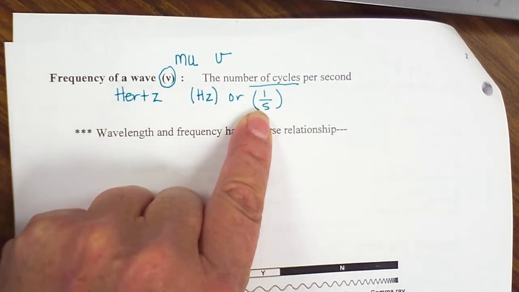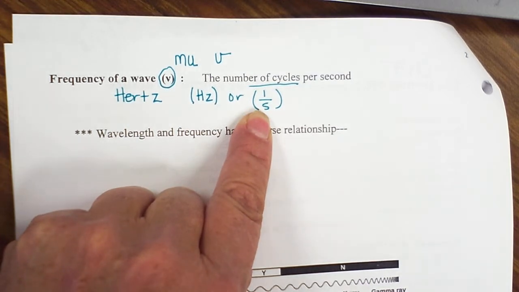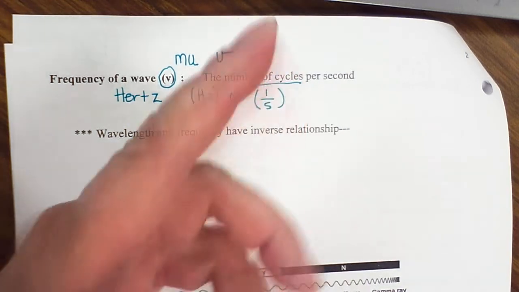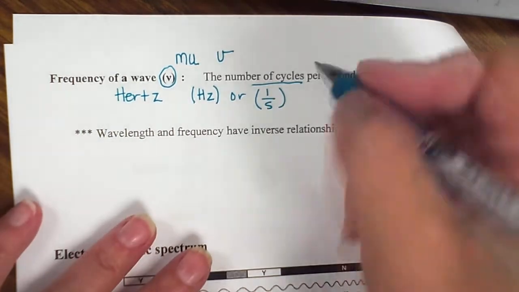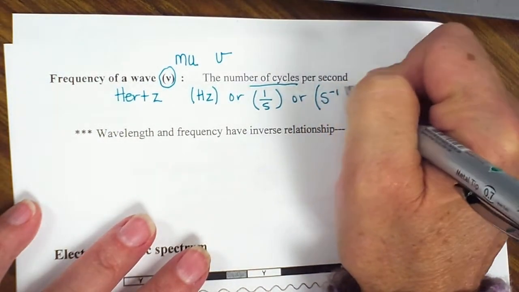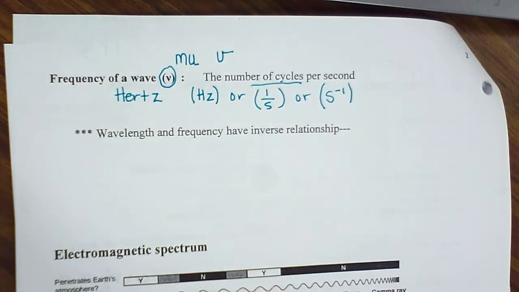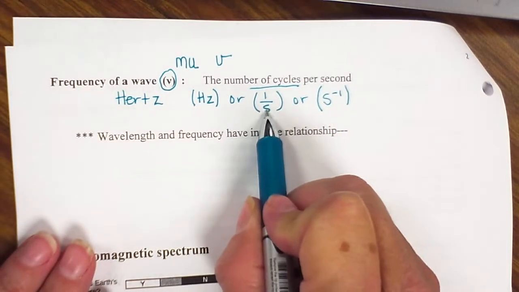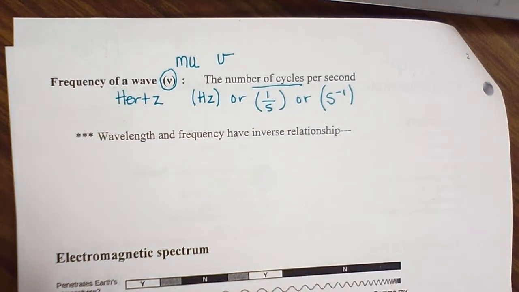Heartbeats per second. That's the frequency of the heartbeats, okay? Whatever it is per second. Or you could do this, seconds to the -1. Mathematically, anything to the -1 is 1 over that thing. So 1/s and s to the -1 are ultimately the same thing mathematically, right?